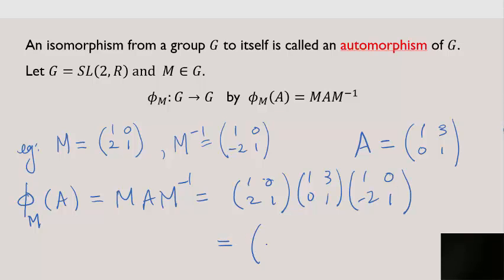And you multiply these out, and you will get the matrix negative 5, negative 12, 3, 7. Check it. You'll see that the determinant is 1. It is in SL2R. So you take the matrix M and you just conjugate every single matrix in SL2R, and you just get SL2R back again.